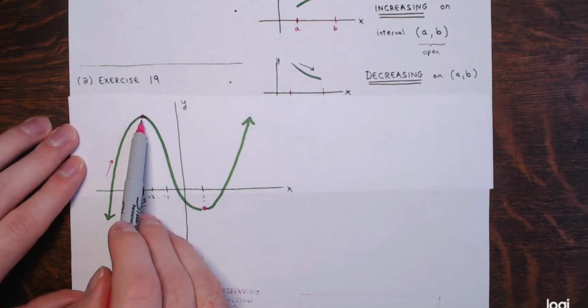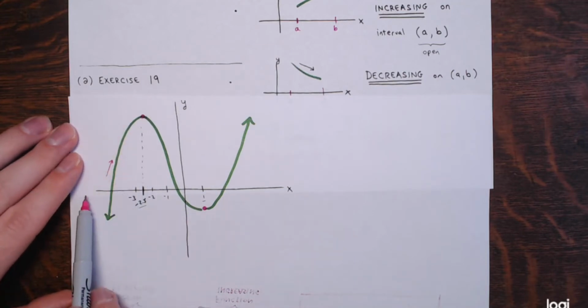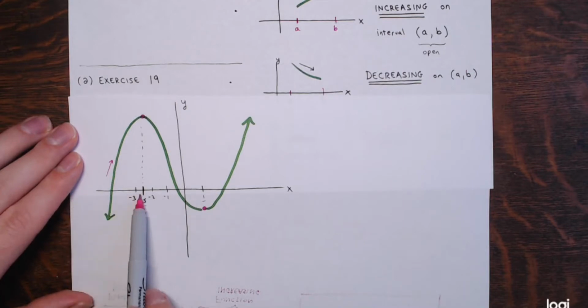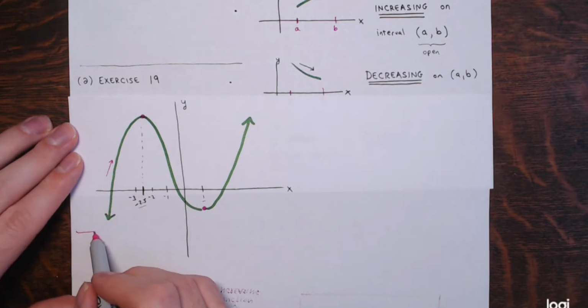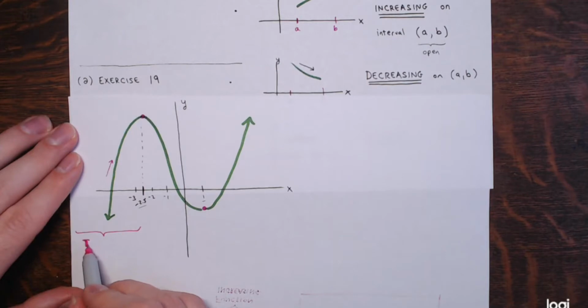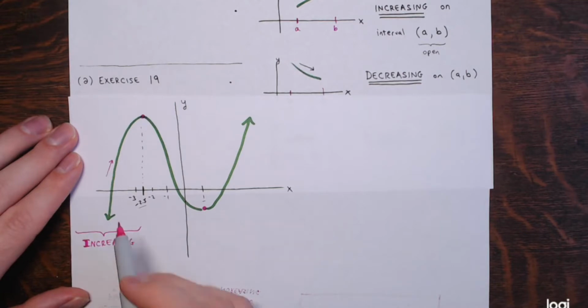That's from -infinity on the x-axis, to the left forever, because there's this arrow here, all the way up to -2.5. So on this interval, from -infinity up to -2.5, the function is increasing. Clearly, right? The y values are going up.